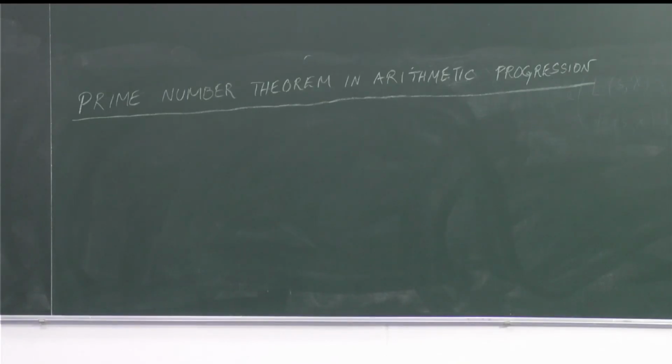The first thing, of course, very simple, is that there are infinitely many primes. On Monday we saw that there are infinitely many primes in arithmetic progression. Now we want a quantitative result.